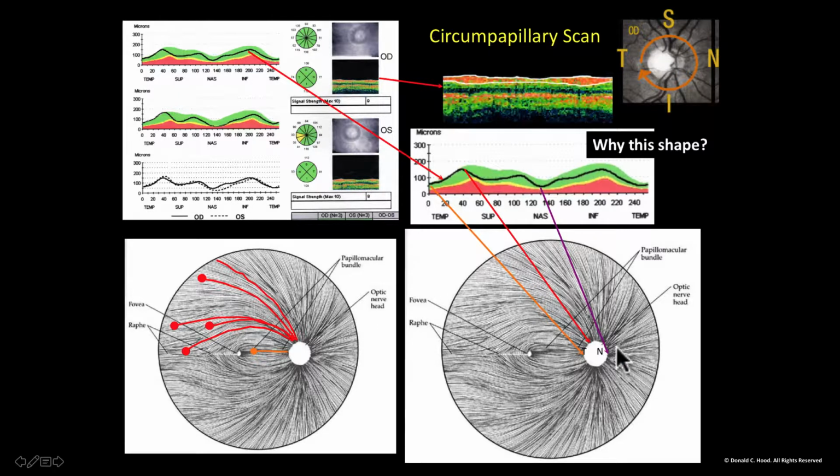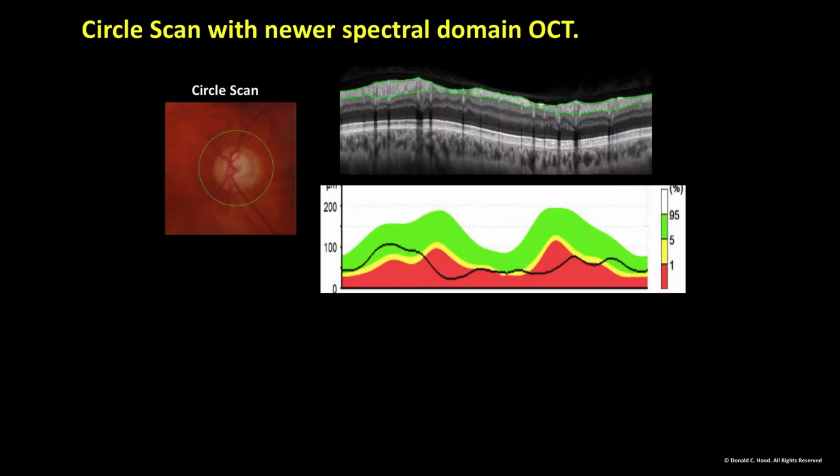When we get to the nasal, axons go straight in again. So it's thin, and then this part's thick again for the same reason, right? This is the retinal nerve fiber layer profile. This is sometimes called the TSNIT curve. So the thickness here can be thought of as representing the number of axons, but it's more than just axons because the thickness is also influenced by blood vessels and glial cells.